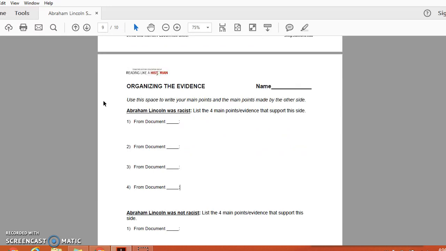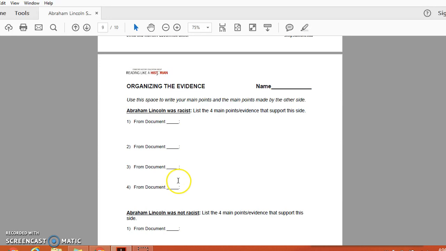So just to show you the other pages of your packet here, if you are assigned to Team A, you will be filling out this part. If you are part of Team B, you will fill out the bottom part below that. So Team A, in your first 30 minutes, you're reading through the documents and then completing this.